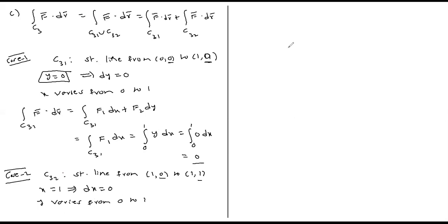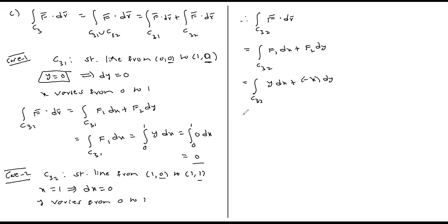So y varies from 0 to 1. Okay. Therefore, the integral along C32 of F bar dot dr bar is equal to the integral over C32 of f1 dx plus f2 dy. What is f1? y. Plus what is f2? Minus x. Minus x dy along C32. But what is dx? Now you see dx is 0.